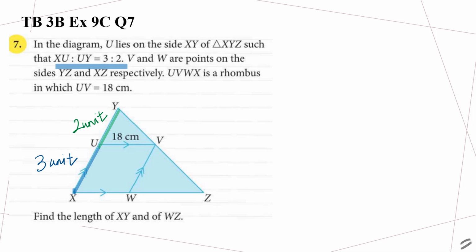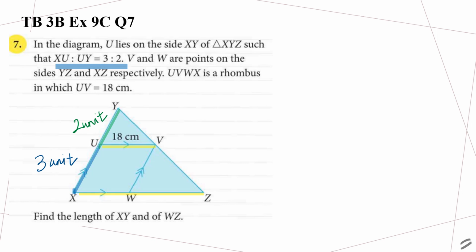The next thing is that we need to find WZ. In this case, we can't run away from having to apply the concepts of similar triangles. You see that we have two parallel lines there, UV and XZ, so we can use corresponding angles. You can quite clearly see that triangle YUV is similar to YXZ.